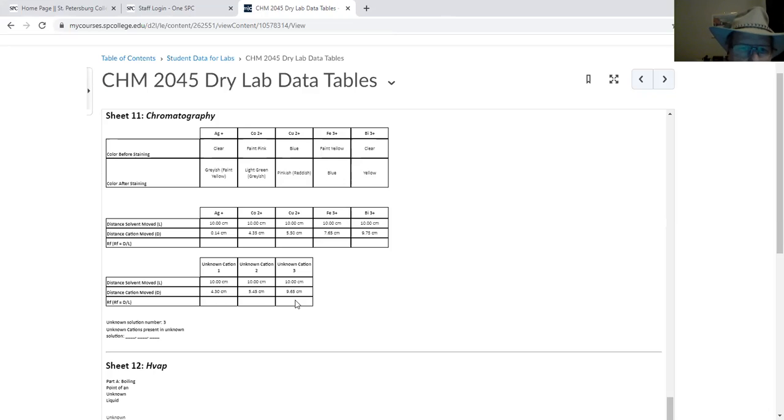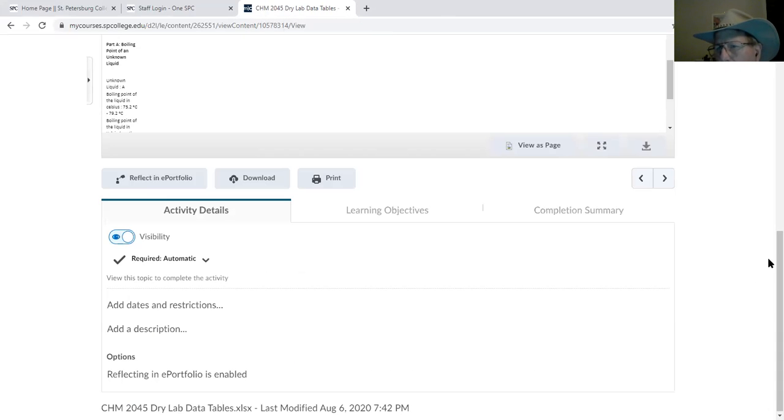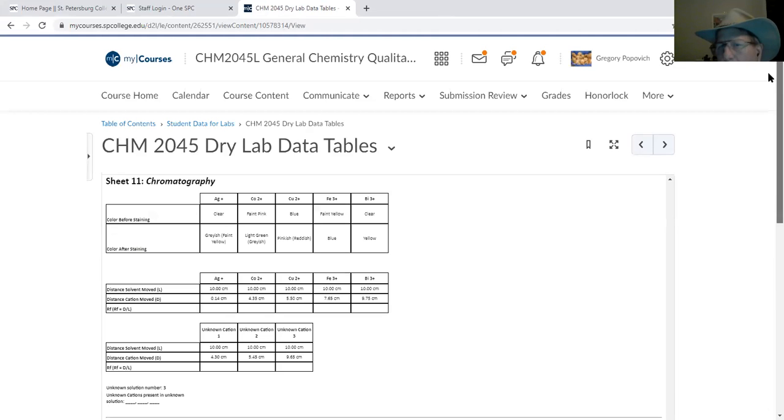All right, so the answer should have been bismuth, copper, and cobalt, right? Yeah, that's what I got. Ladies and gentlemen, I'm sorry to hold you back for a second on tonight's lab.